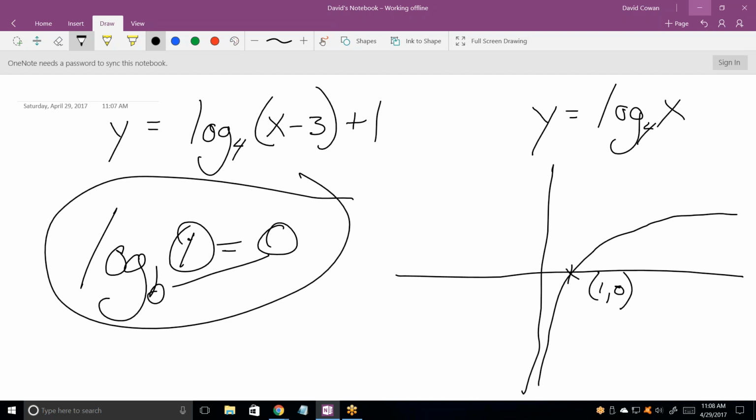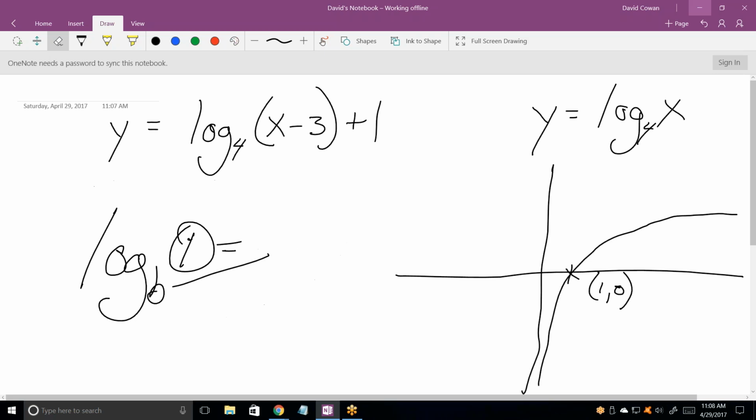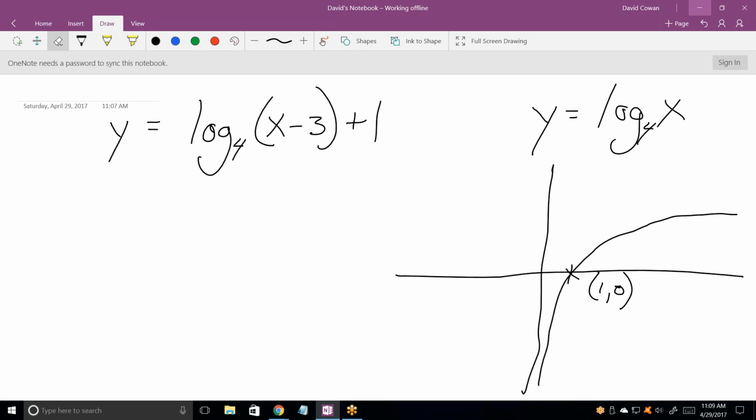So no matter what the function is, it always goes through 1, 0? No, no matter what the base is. Not no matter what the function is. Because let's say I add a plus 2 to that, then it raises the whole thing up 2. Okay, I got you. So it wouldn't go through that same point. But that's the parent function. All parent functions go through that point, regardless of the base.